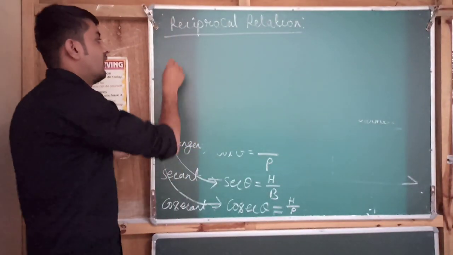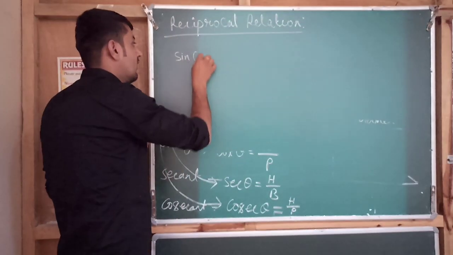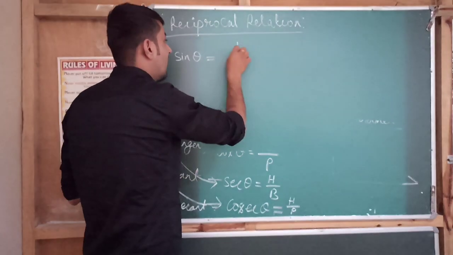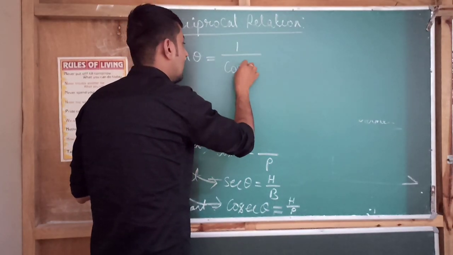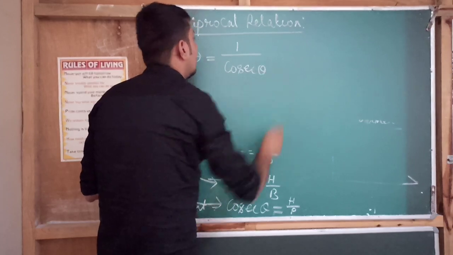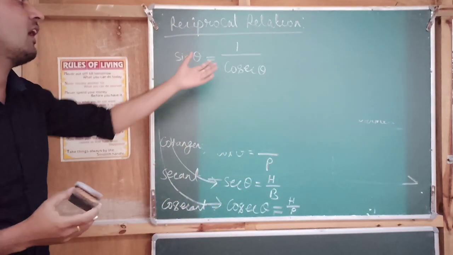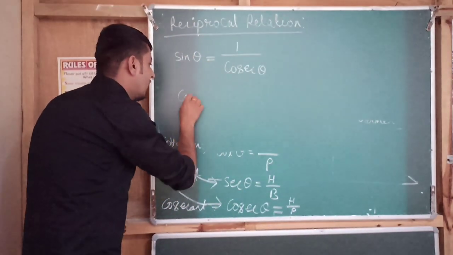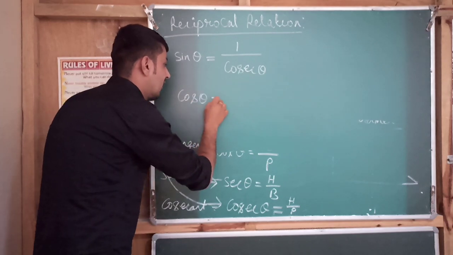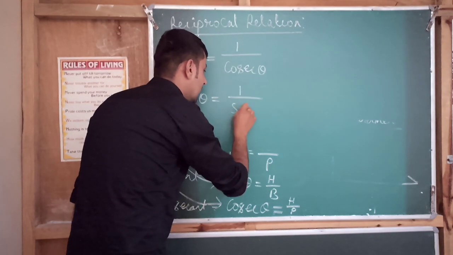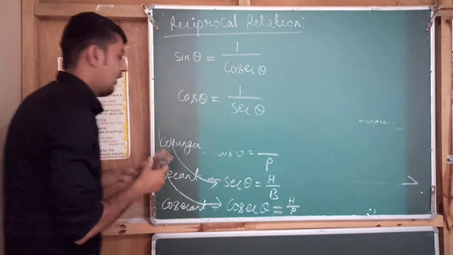The first one, sine theta. What is your sine theta? 1 by cosec theta. Your cos theta is 1 by sec theta.